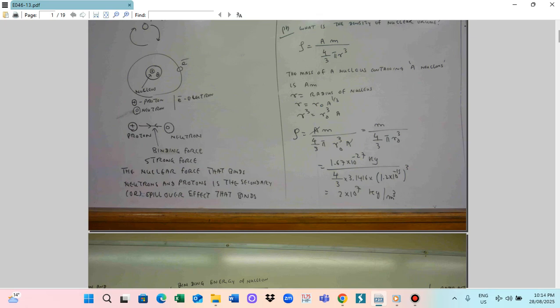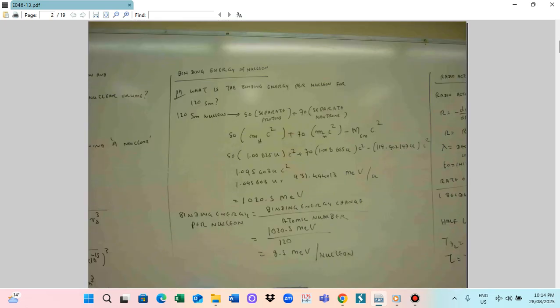By solving this, we get about 2 times 10 to the power 17 kilograms per meter cubed. This is how we can calculate the density of the nucleus.